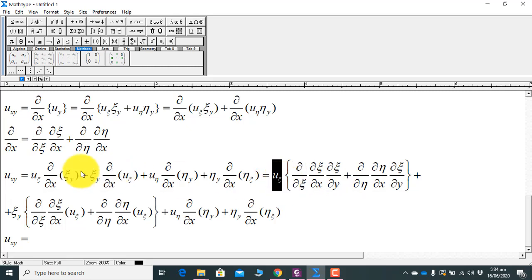I think I have written it in not a good form, but this should be linked with this. So the answer will be u xi xi, the double derivative with respect to this.